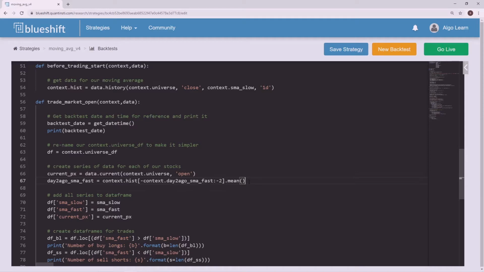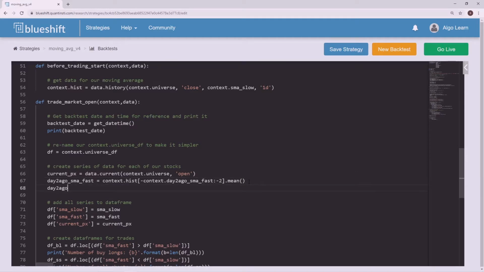Let me go ahead and do day 2 ago SMA slow was context, if I can type, context day 2 ago SMA underscore slow -2 dot mean, and then open and close paren because we want to do this for every stock that we have.